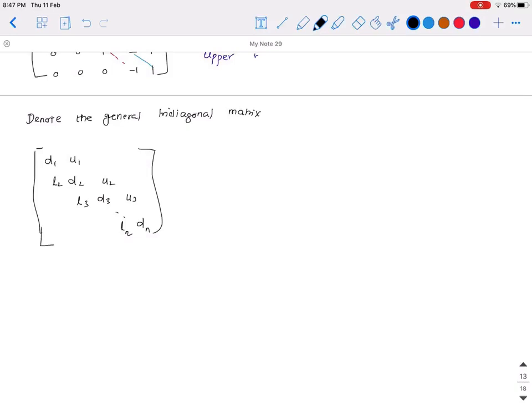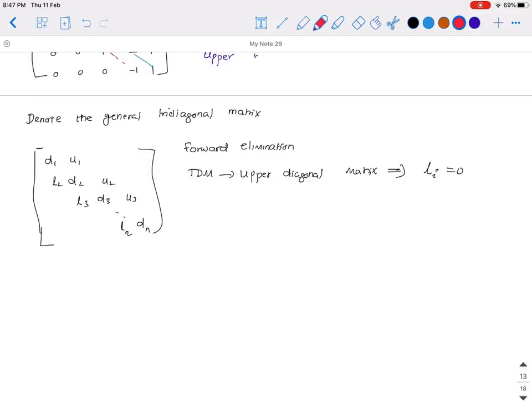When we apply Gauss elimination, the first step is the forward elimination. We want to convert this tri-diagonal matrix into an upper triangular matrix, which means we need to make the elements appearing in the lower diagonal 0.